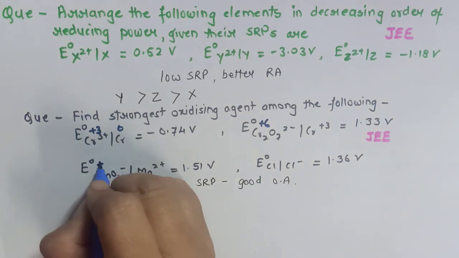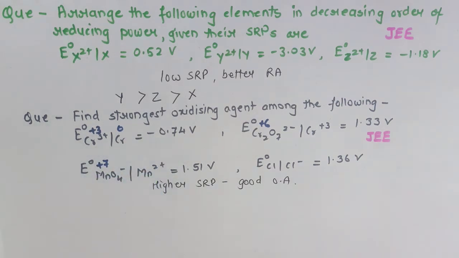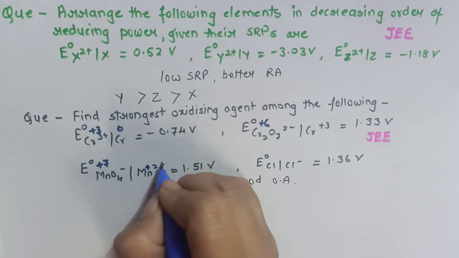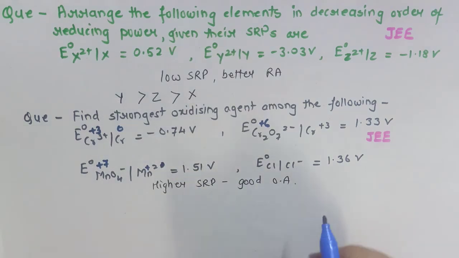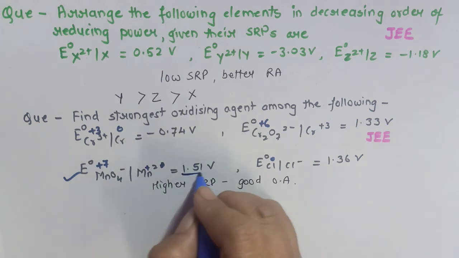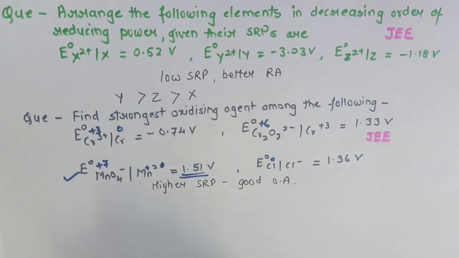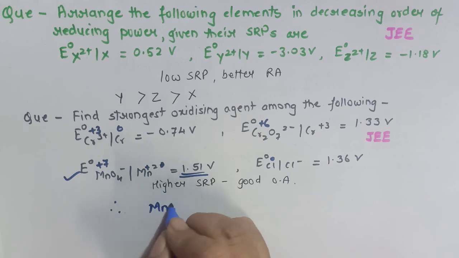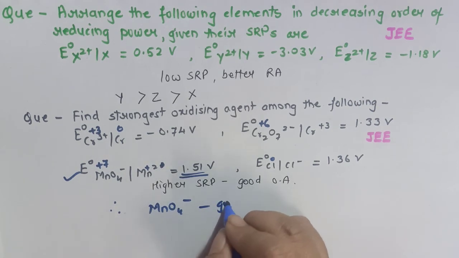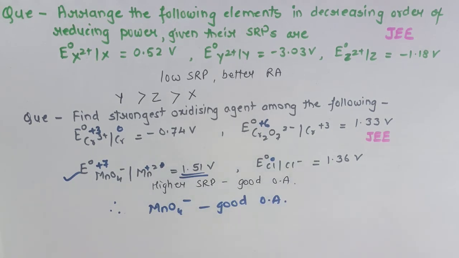In the third example, manganese is in plus 7 oxidation state and it will go to plus 2. And in the last one, chlorine in 0 oxidation state goes to minus 1 oxidation state. So if I compare the given data, I find that MnO4 minus, when it is getting reduced to plus 2, has the highest SRP value 1.51, and therefore MnO4 minus is the best oxidizing agent from the given elements.